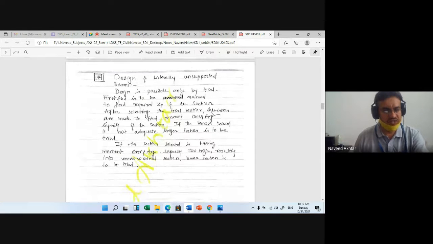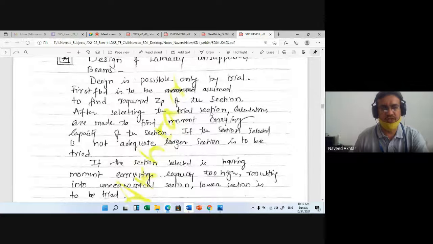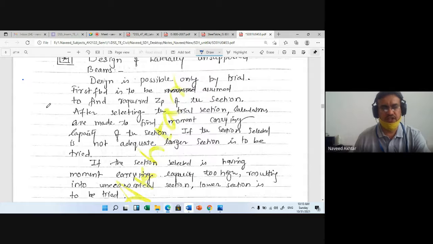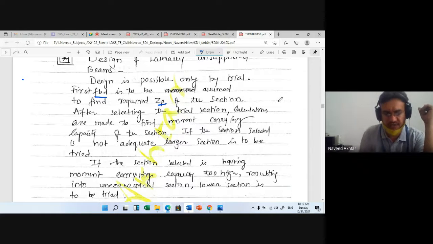When you are going to design a laterally unsupported beam, you should know this theory. The design is possible only by trial. First, you have to assume fbd, the bending stress, for design, and find the required Zp of the section. That is, the section modulus required you have to find out first.